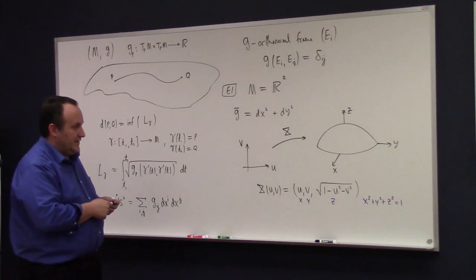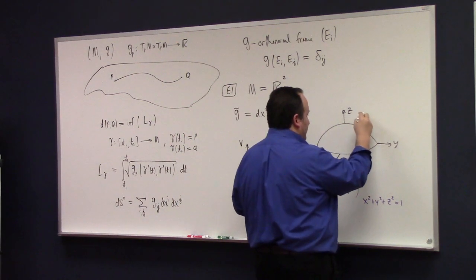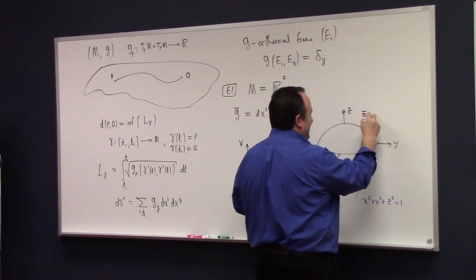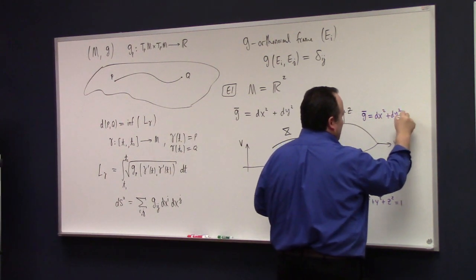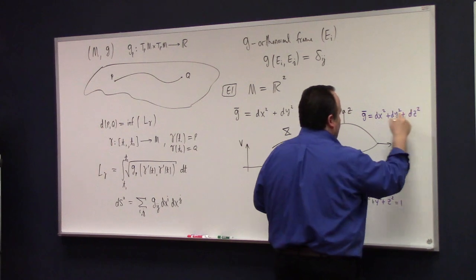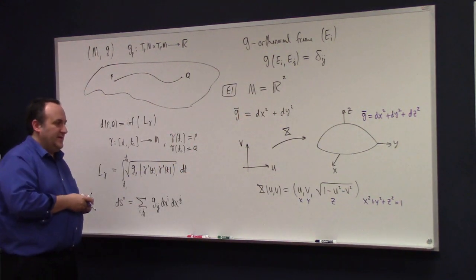3 dimensions. So over here, the 3-dimensional metric, G bar, is dx squared plus dy squared plus dz squared. That's the Euclidean metric on 3-dimensional space.